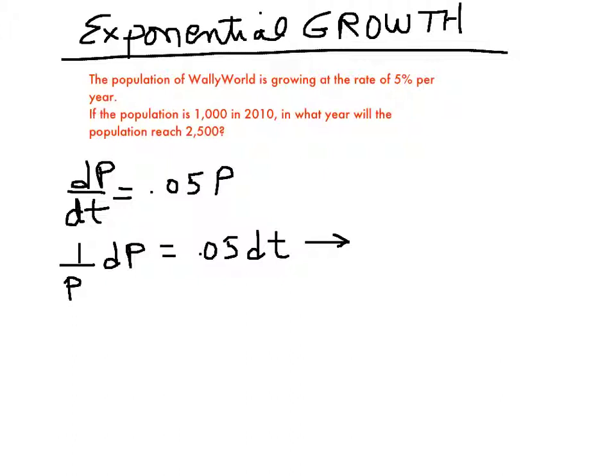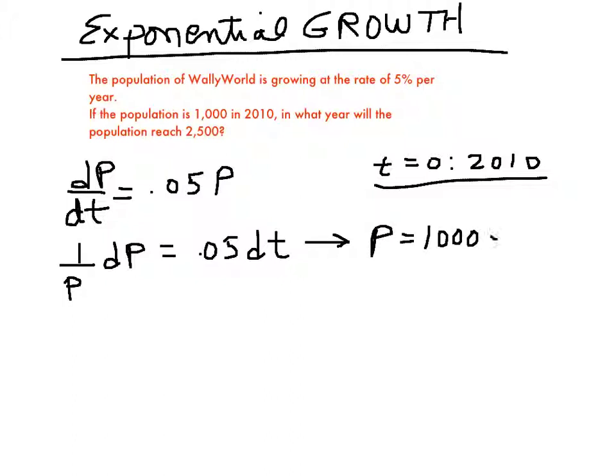If we integrate and solve that for P just as we did before, knowing that when t is 0, so we'll say t equals 0 means the year 2010, then here's what we get. We get P is equal to 1,000 times e to the 0.05t.